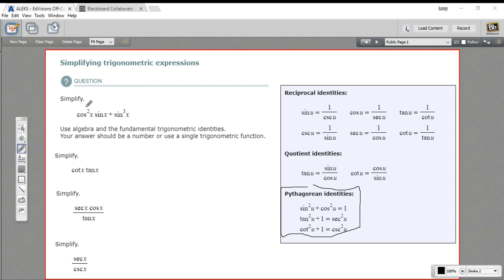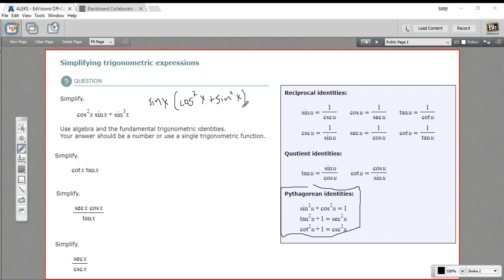At first, it might not be clear what you can do to make progress on this one, but there are two terms here, this first term, then this sine cubed term, and there's a sine x in each of those terms. So I could start by factoring that out. If I do that, I'm going to get sine x on the outside, and the first term is just going to be cosine squared of x, and the second term is going to be sine squared of x.